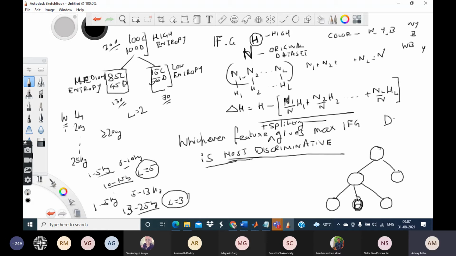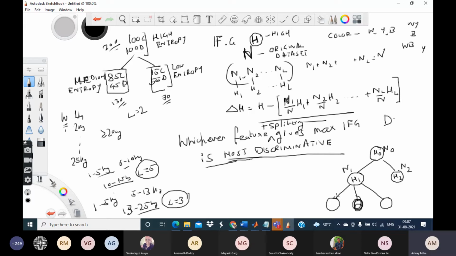Yes, sir. Okay, so here this one has some entropy. Let us call that entropy H0. So this has N0 number of examples and H0 entropy. Now after splitting it, this one has N1 examples, this one has N2 examples, this one has entropy H1, this one has entropy H2.